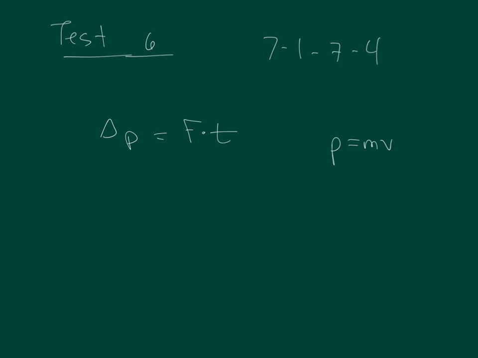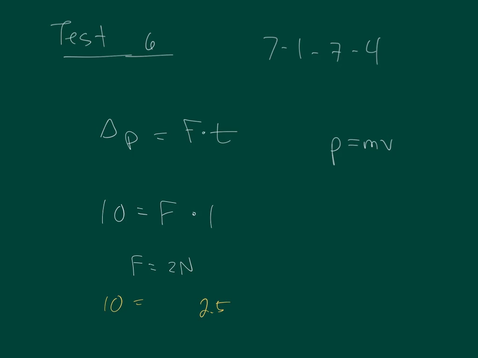So the example we did in class is we just chose numbers. We said, you know what? Let's say the object's change in momentum is simply 10. And if after 1 second you're able to cause it to stop, what would the force be? And obviously the force is just 10 in this case. But suddenly, if instead you make the time period of contact, say like 2.5 seconds by slowly catching it, now you've increased this value here.